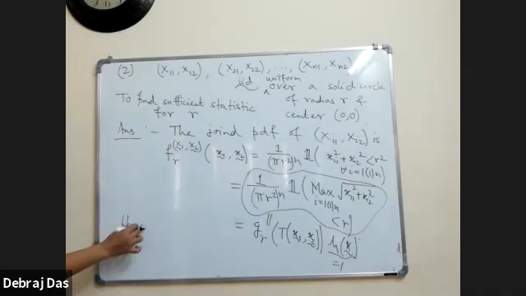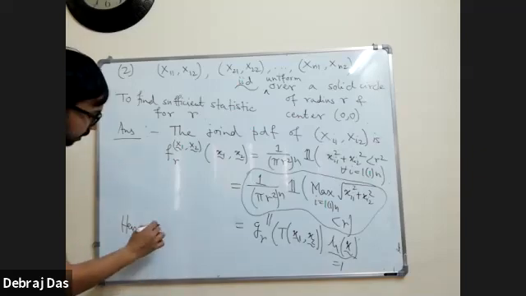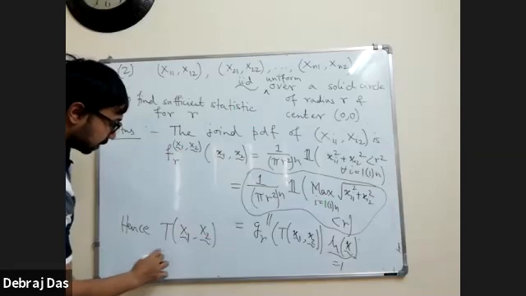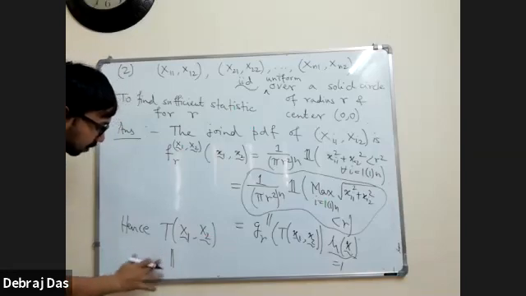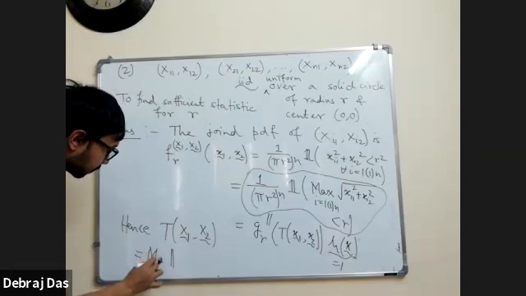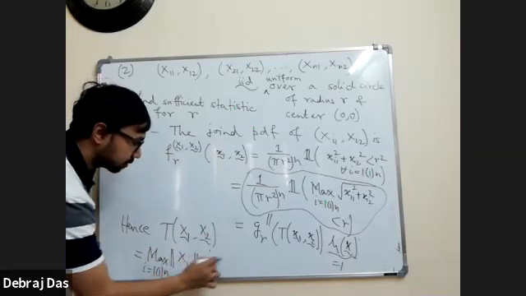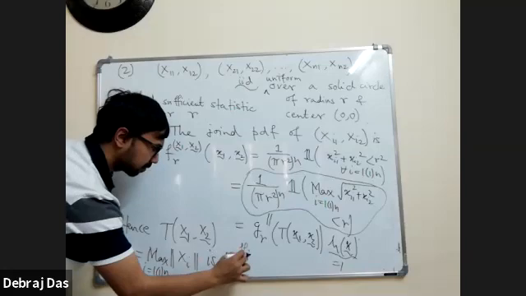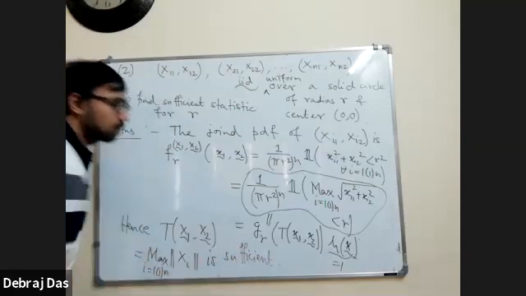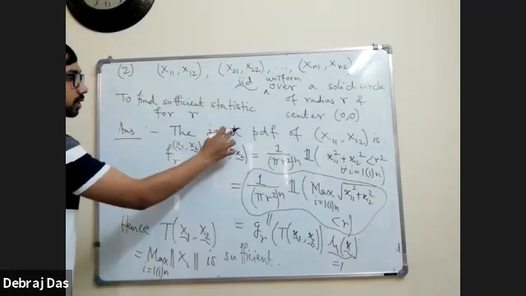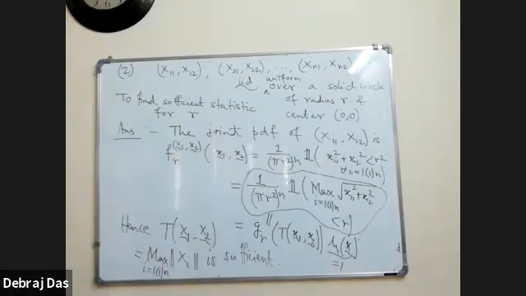Hence, by the Neyman-Fisher factorization theorem, this T of x1, x2, which is simply the maximum of the norm of Xi, is sufficient. Right. Fine. Okay. Fine, right?